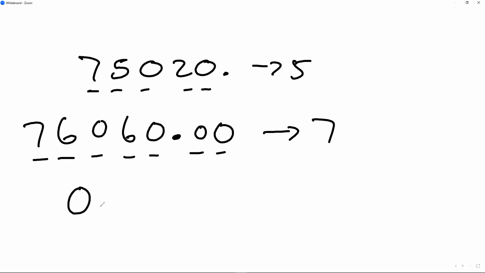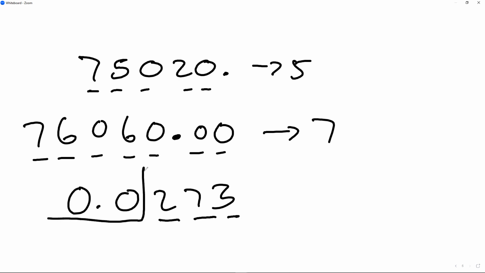If I've got 0.0273, then in this case, these 3 values over here are going to be significant, but those are not significant. So when the zeros come before a number and there's a decimal, then it's not significant. So in this case, it will be 3 significant figures.